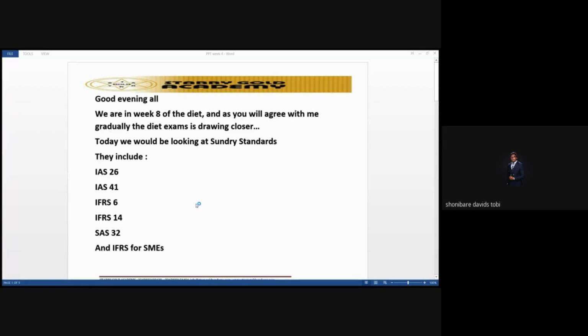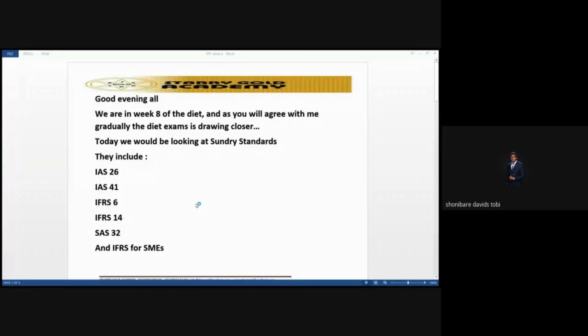So those gains, whether on subsequent measurement, because on subsequent measurement you still consider the fair value less cost to sell. I love IAS 41 so much because whether it is subsequent or initial recognition, the same way you value it is the same way you are still going to value it.